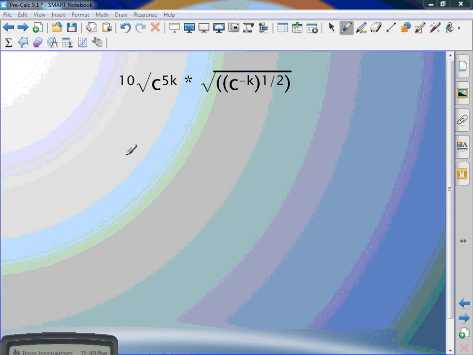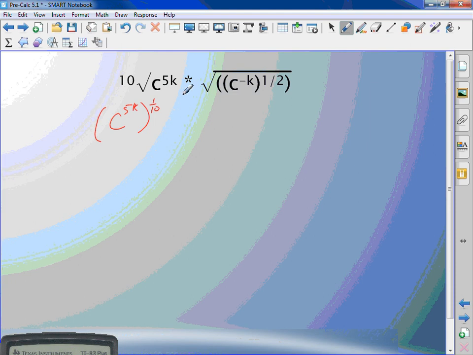What's another way I can write something that's the 10th root? It means to the 1/10th power.